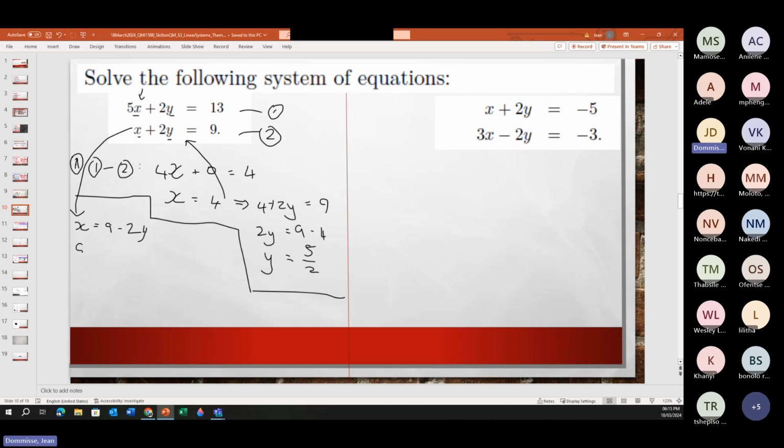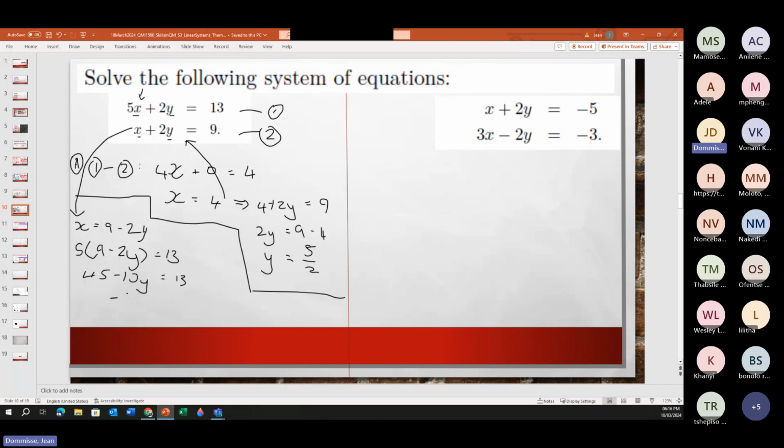So I could then have said, okay, well, 5 times 9 minus 2y is actually equal to 13 because I know x is equal to 9 minus 2y. Okay, so then a long process, but multiply in, so 45 minus 10y, I hope I get the same answer, is equal to 13.